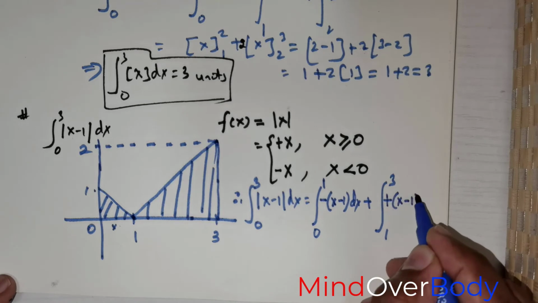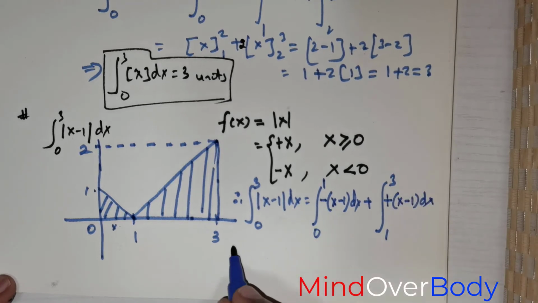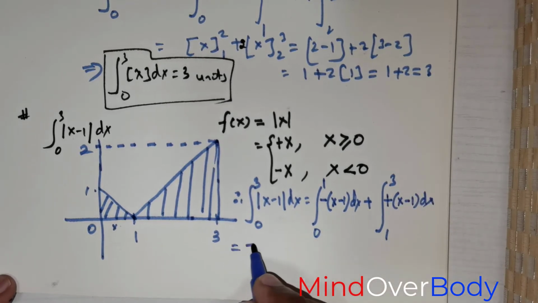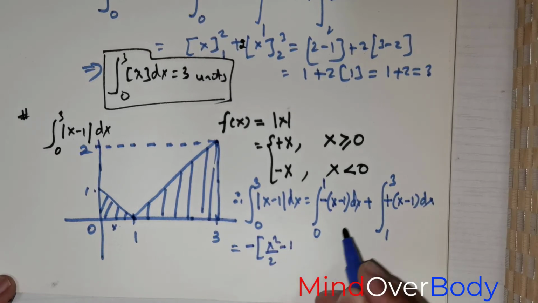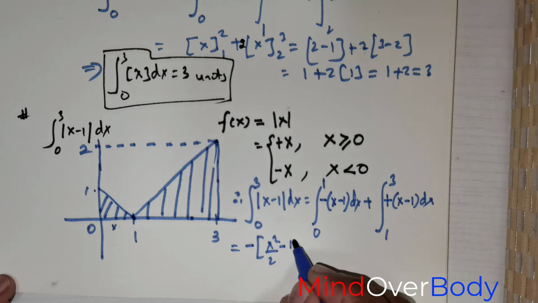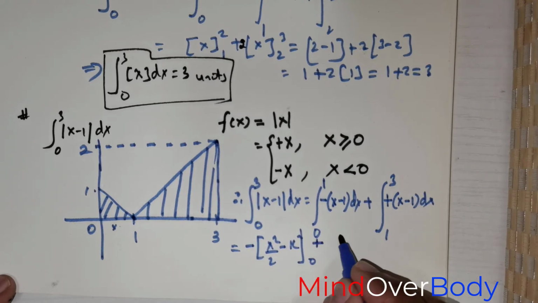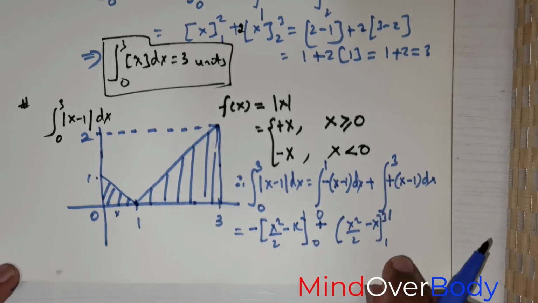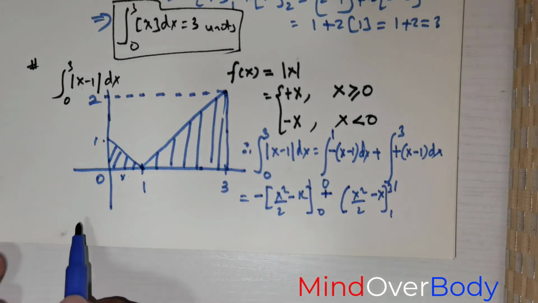So it's going to be x negative 1 times dx. So we will have to integrate this. This is going to give me negative of x squared over 2 negative x, the limits are 0 to 1, positive, x squared over 2 negative x, the limits are 1 to 3. You can't cancel any of these terms, but they are with their respective limits.